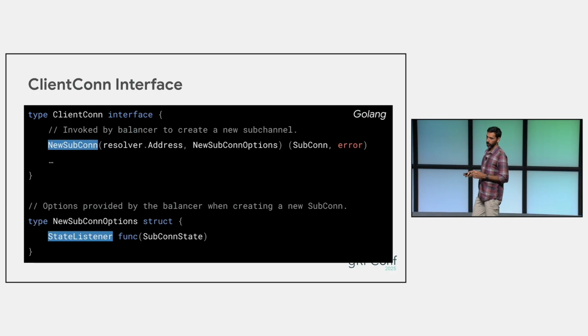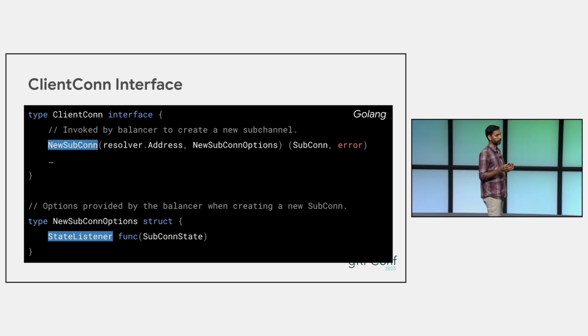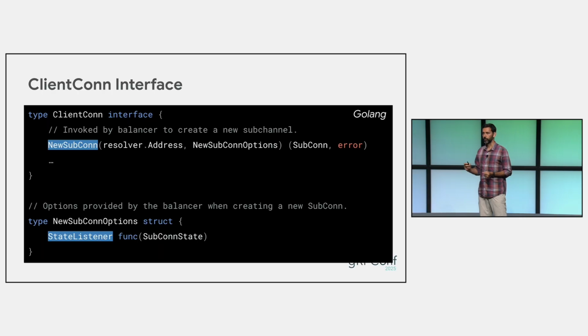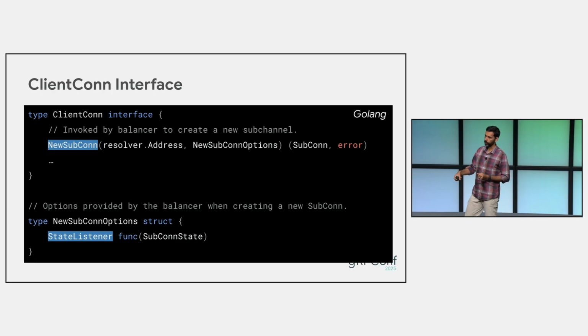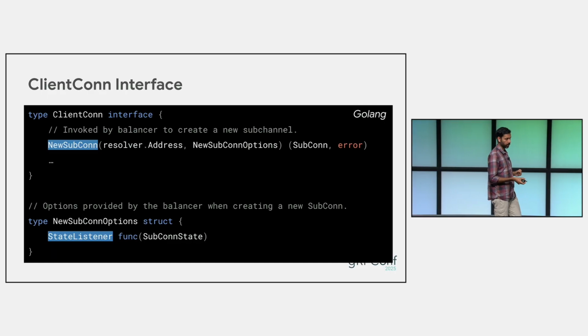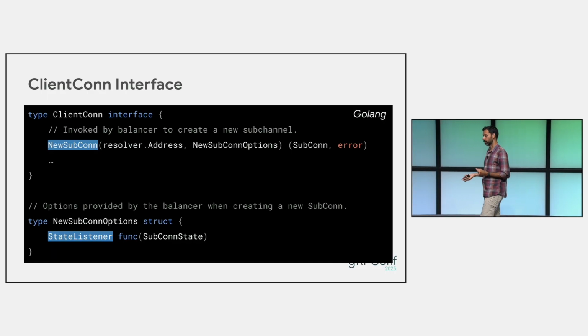The next interface we'll see is the ClientConn interface. This interface is implemented by the gRPC client and is used by the LB policy to communicate with the gRPC channel. Again, this interface also has a bunch of methods, but we'll look at a couple of them. The first one is called NewSubConn.